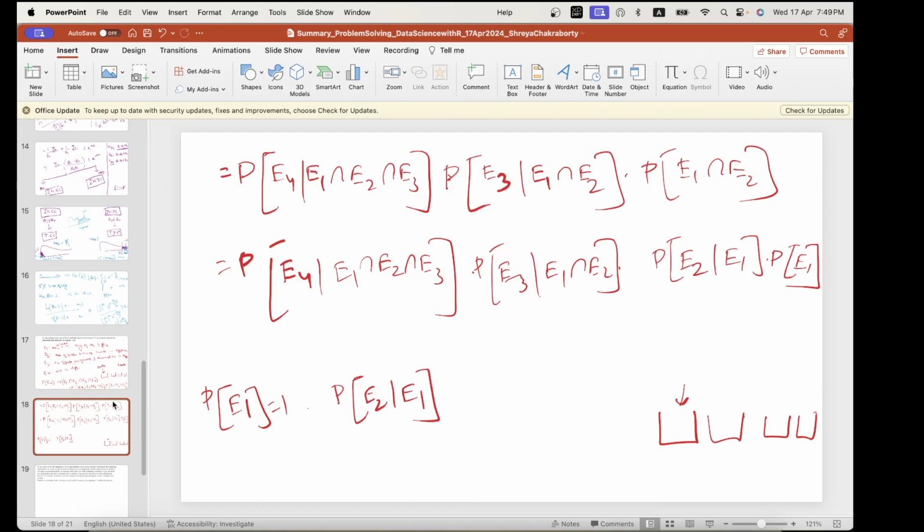So whatever pile we have put spades in, the remaining 12 go there.